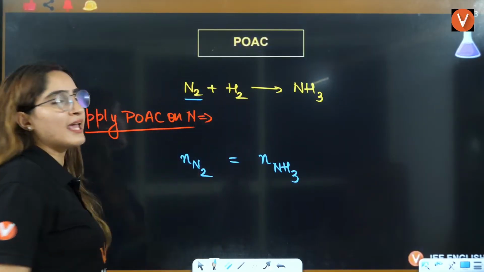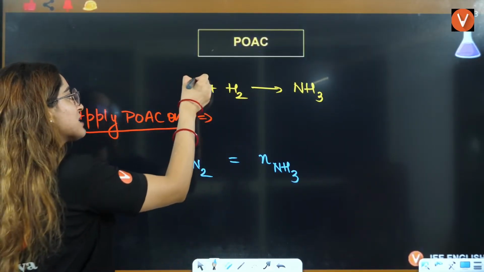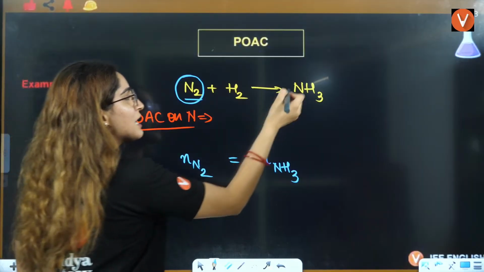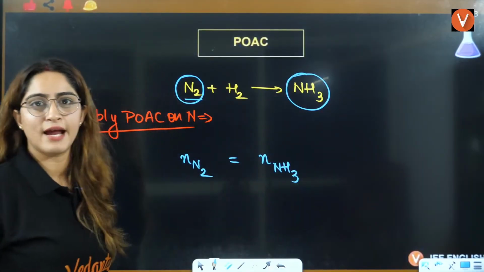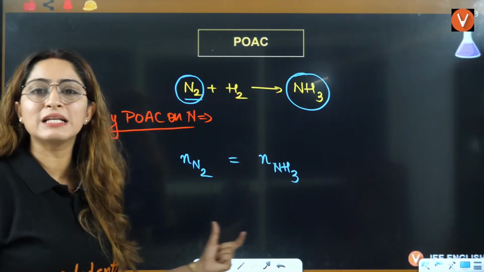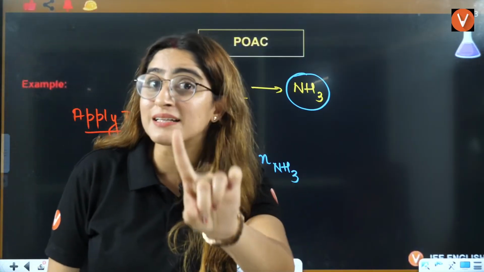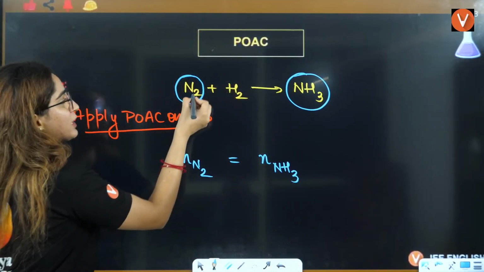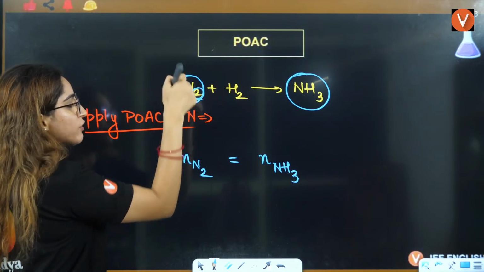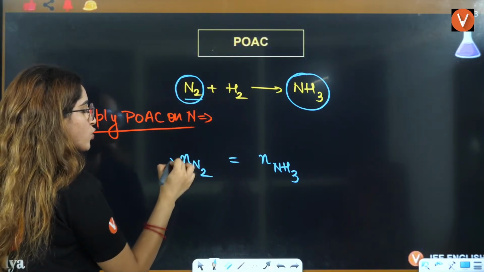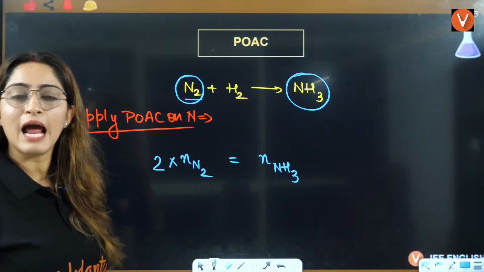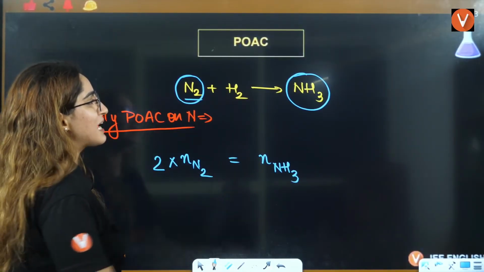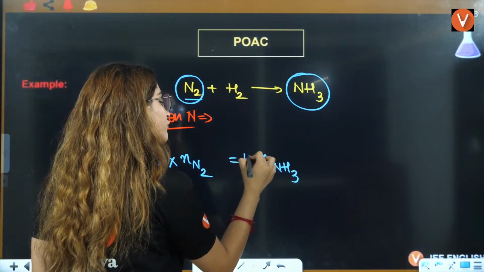In this case, N2 has nitrogen. In this case, ammonia has nitrogen. So we will equate the number of moles here, but we will multiply it with this number. Now in 1 mole of N2, you have 2 nitrogen atoms, and in 1 mole of NH3, you have only 1 nitrogen atom.